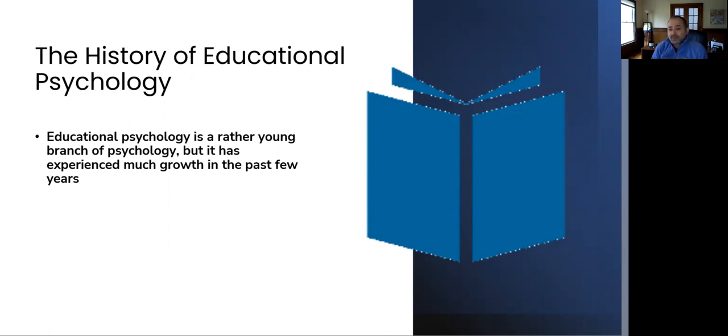when deciding what type of instruction is best for a particular student. A few years later, William James, a philosopher and psychologist, started to make several contributions to the field of educational psychology. James published a textbook in 1899, Talks to Teachers on Psychology, which is considered to be the very first book on educational psychology.